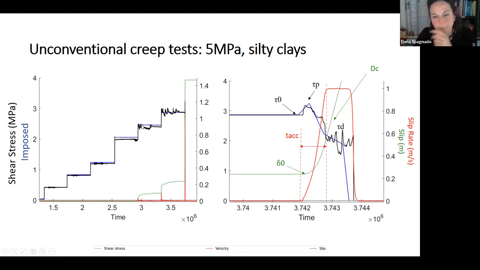So it was possible, but the frictional response was pretty unstable. So we recorded these oscillations. In the end, the fault material was able to recover the stress. So the frictional strength was again constant, re-strengthened up to this point here, when finally it started to drop again.